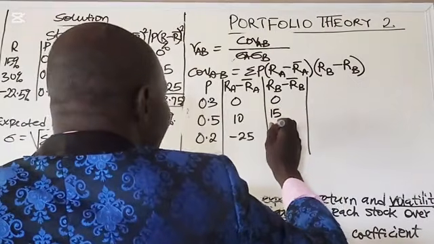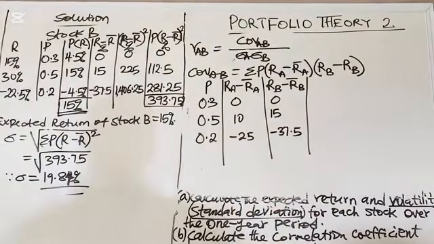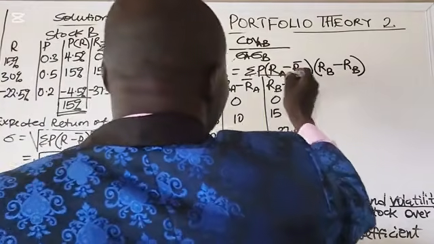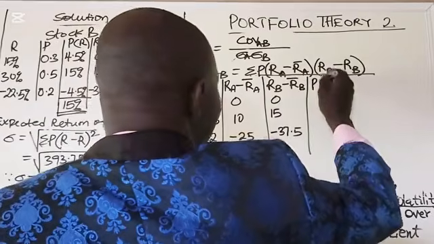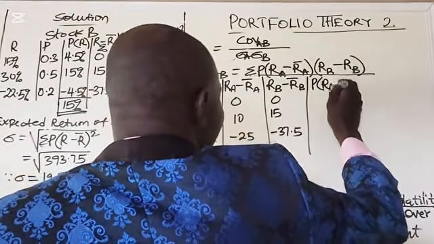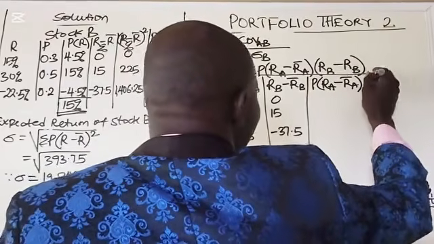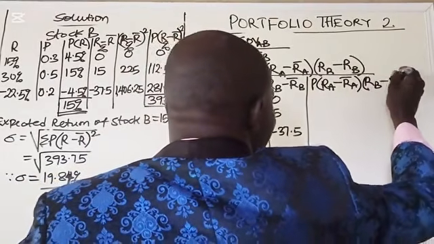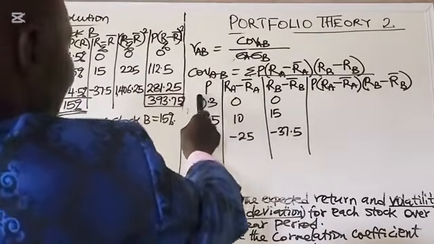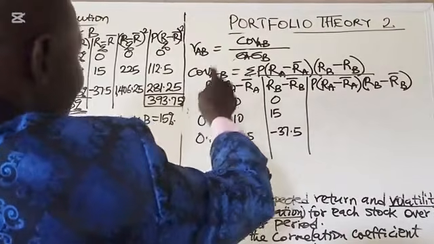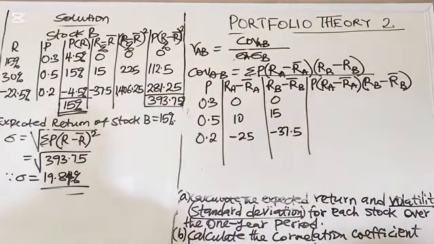By virtue of the formula for covariance, you need probability multiplied by returns of stock A minus expected returns of stock A, then into returns of stock B minus expected returns of stock B. So that means you need probability times deviation in A times deviation in B to get the whole of this. So you'll be multiplying the three columns.